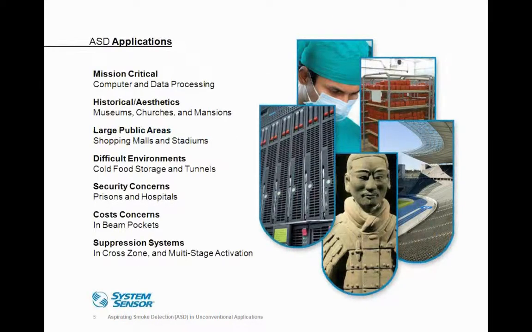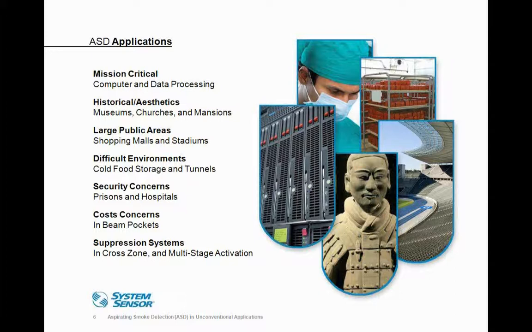So let's get into some common applications. Many applications for aspirating smoke detection require the detector to provide early or very early warning fire detection per NFPA 76, the standard for protection of telecommunications facilities. The goal of this approach is to detect incipient fire conditions early enough so that facility managers can take proactive measures to reduce the risk of fire and smoke damage.